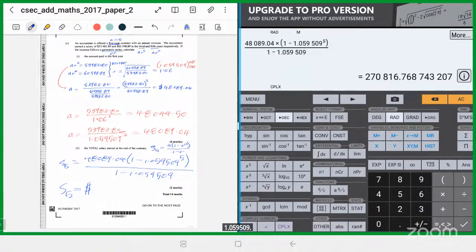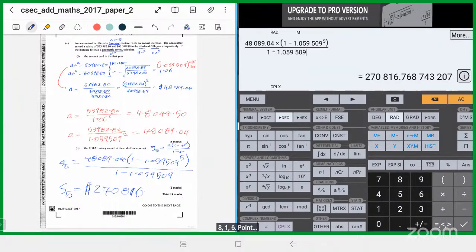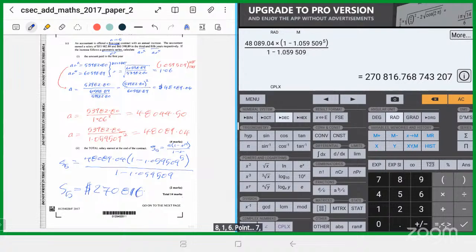It's 270,816.77 dollars. That is it. That's the answer right there.